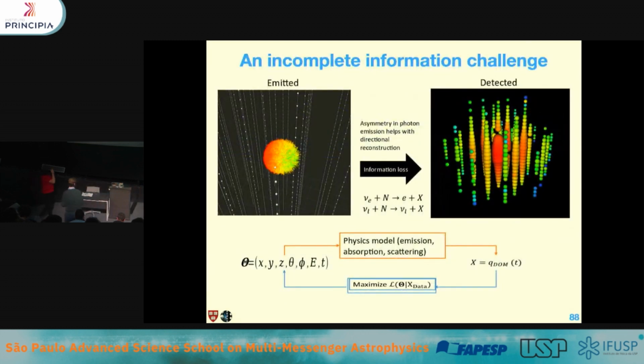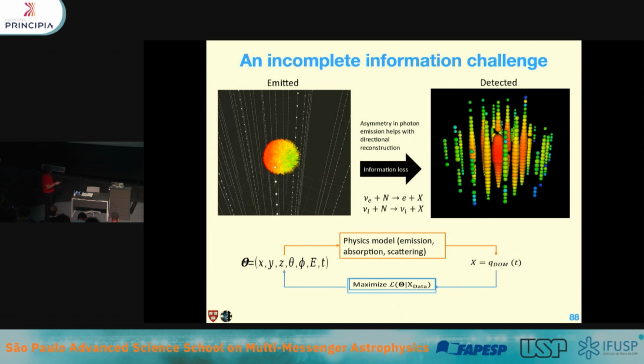So how we reconstruct this event. Traditionally, and I will talk about machine learning later because I saw some machine learning people yesterday, you have some hypotheses. For example, the interaction vertex of the particle, the direction, theta and phi, the energy, and the time of arrival.